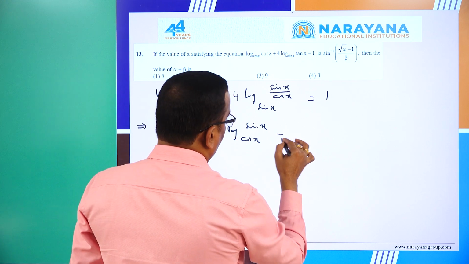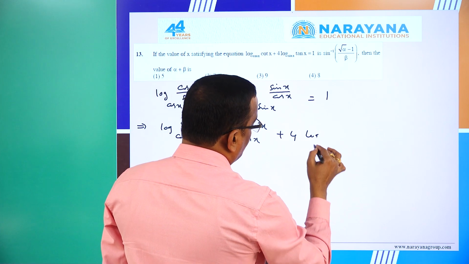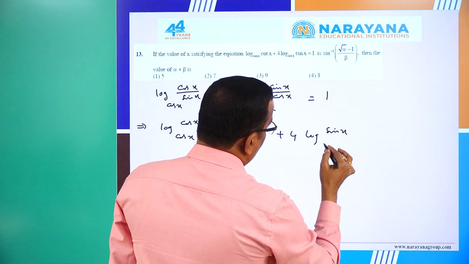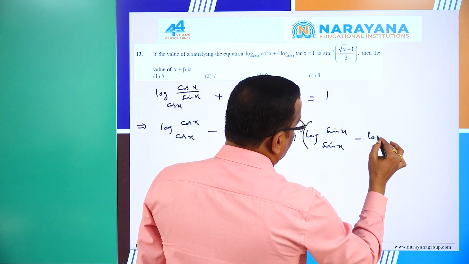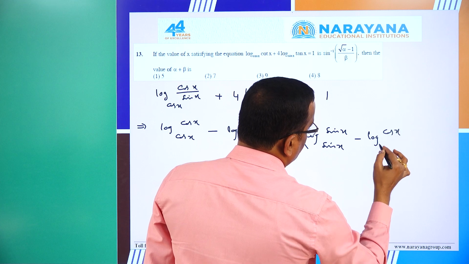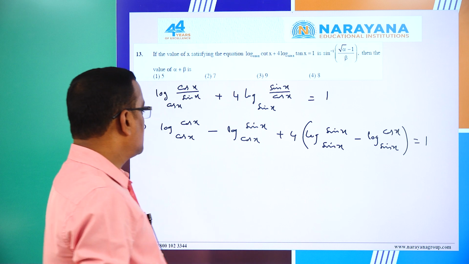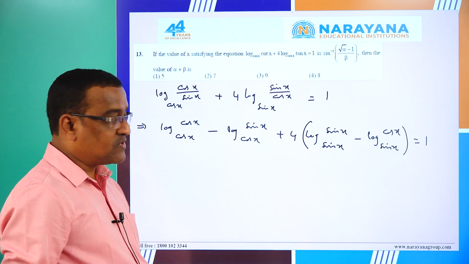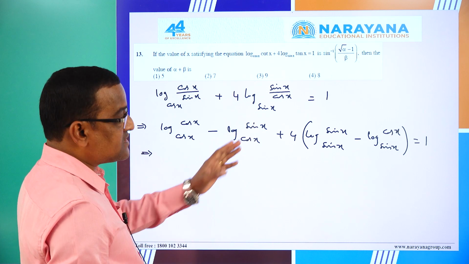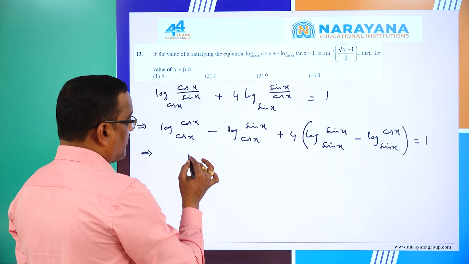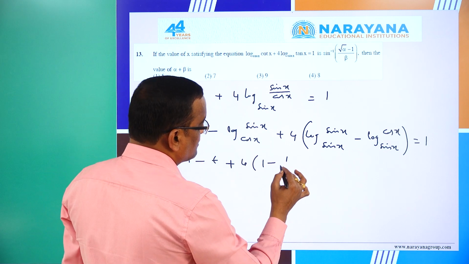Similarly, 4 times, again by the log of a by b formula, log of sin x to base sin x minus log of cos x to base sin x is equal to 1. Log of cos x to base cos x is 1, and if you take log of sin x to base cos x as some t, then it becomes 1 minus t plus 4 times 1 minus 1 by t.